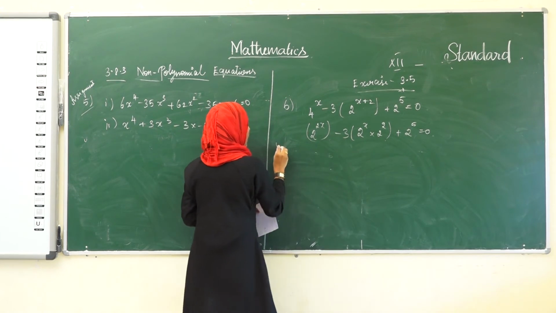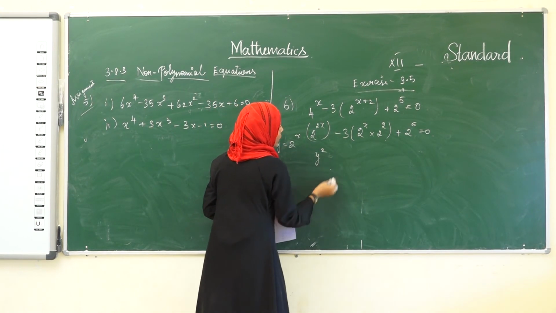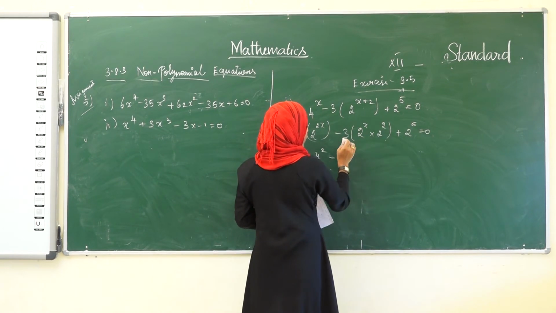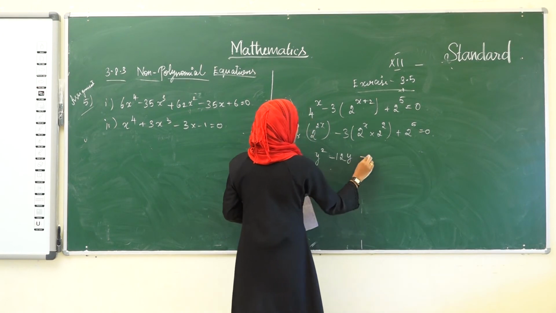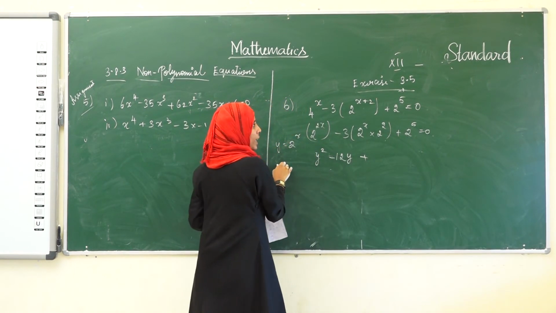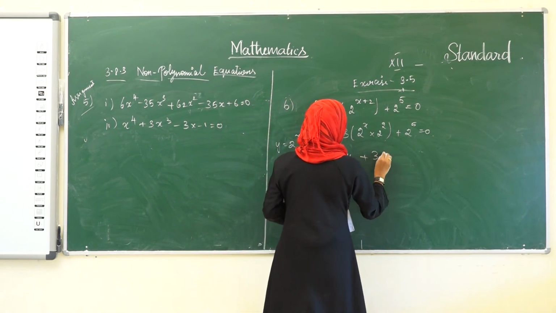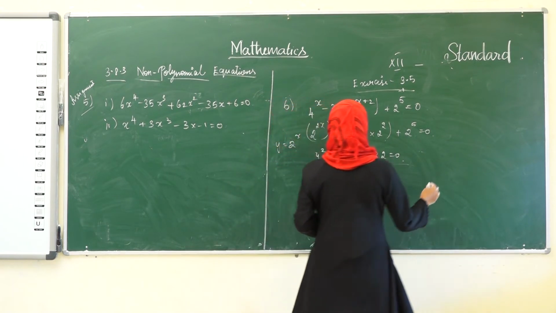Now let us take y is equal to 2 power x. So what will be the answer? Here it is y squared minus 4 into 3, that is 12, y, plus 2 power 5, which is 32, equal to 0. Now we got the quadratic equation. We are going to solve this.